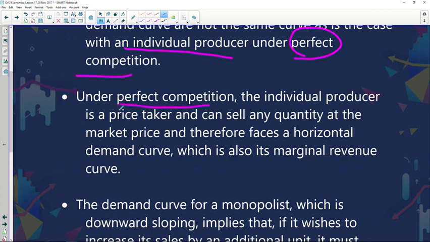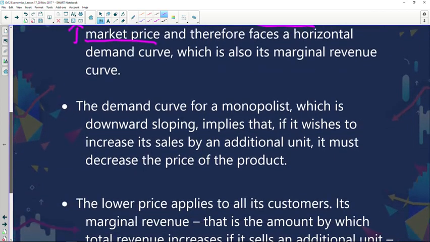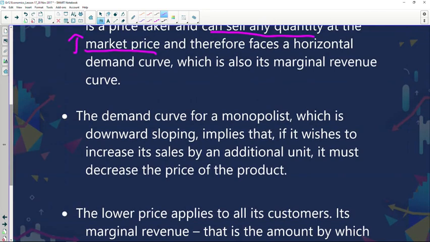So because we're looking at perfect competition, you can sell any quantity that you want based on the market price, obviously, because if you sell below the market price, then you're not going to maximize your profits. And when you sell above your market price, we know that you're going to lose customers, because you are charging them an amount that is above the market price. So this is still under the perfect conditions of perfect competition.